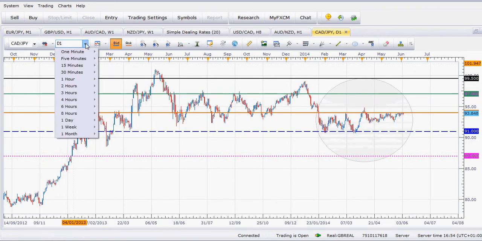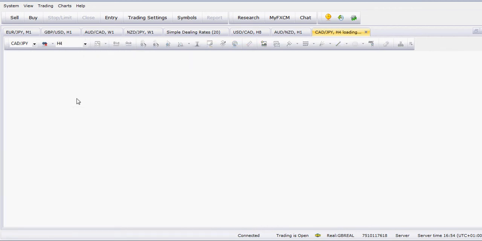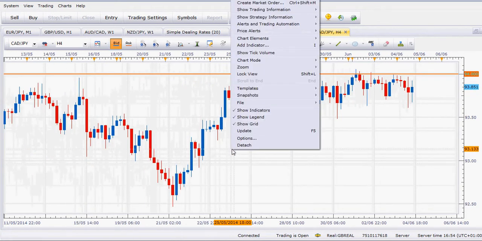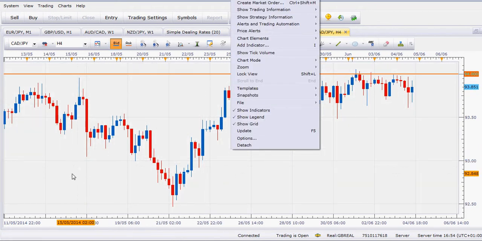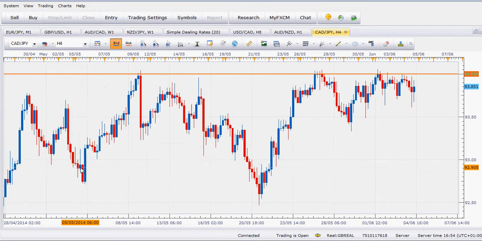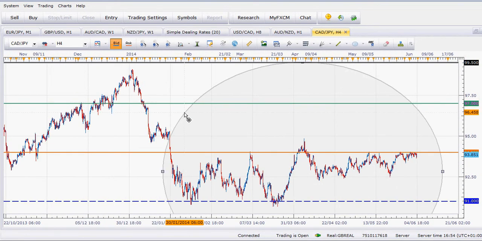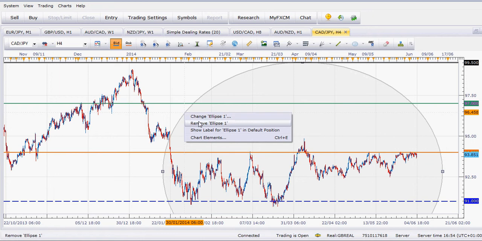Of course, the Kiwi yen also might come to a floor here, around 86, so we need to see what happens there. But essentially, what I'm trying to say is the CAD yen is a very unique pair, and I would certainly be attentive and try to figure out what happens next.